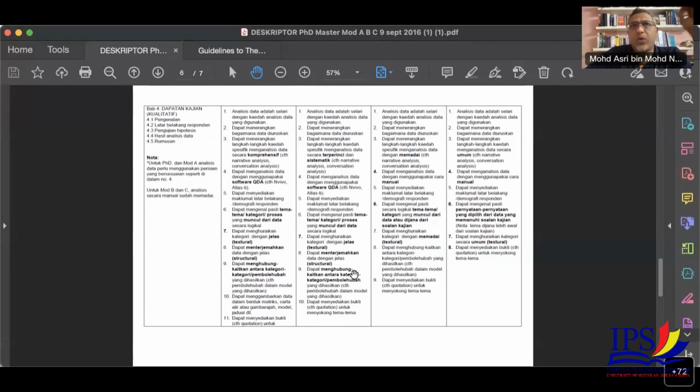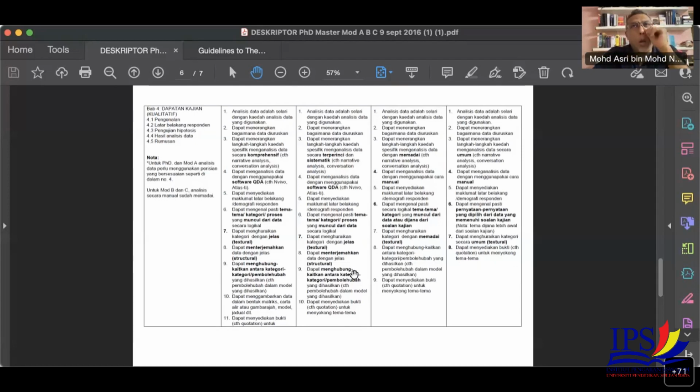All right. So we always advise students to try and arrange the discussion or the reporting of findings in chapter 4 so that it is structured based on what your objectives and research questions are. That would be more structured.